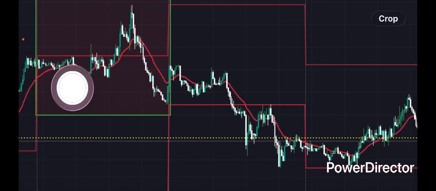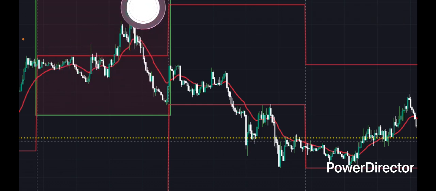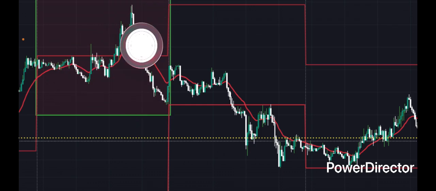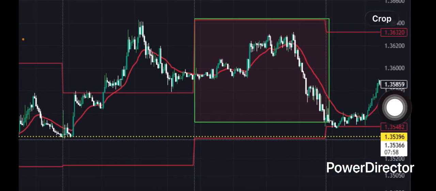If we zoom in here, you can see we've been consolidating. We're just chopping sideways, and then boom, we pop the top, and then immediately shift and trap those traders. This is the trap and shift where we break out of that level and then immediately give the reversal pattern and sell off quickly, right?